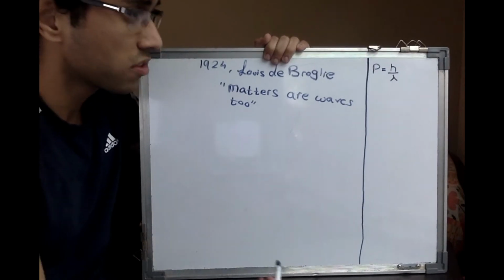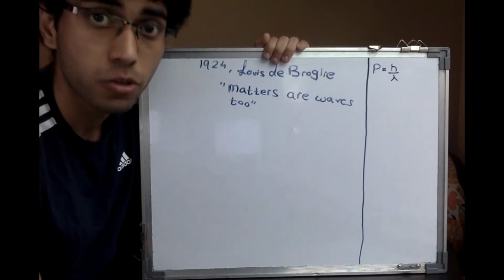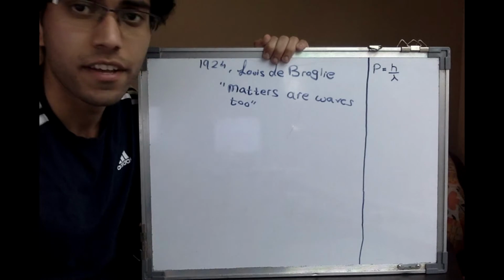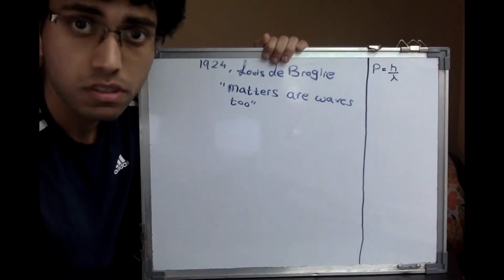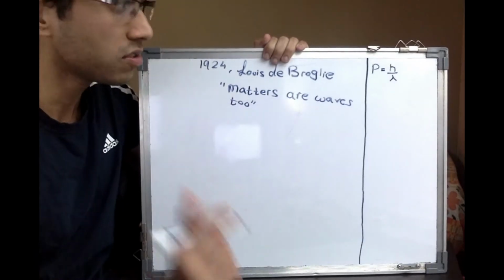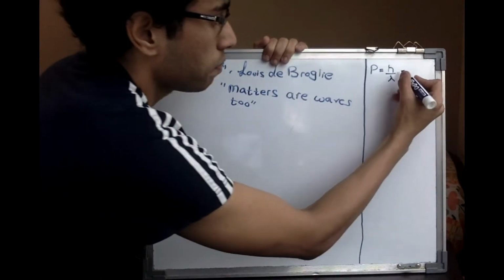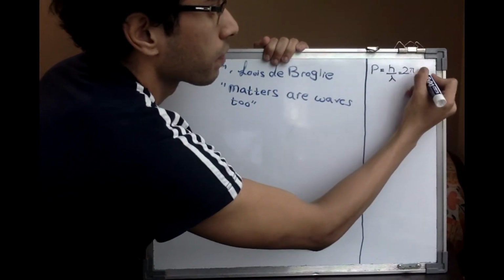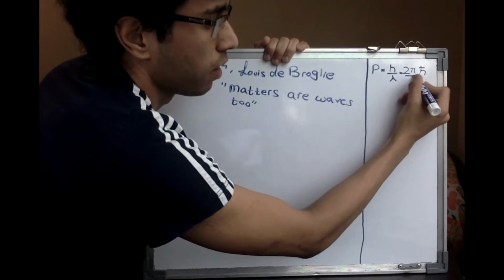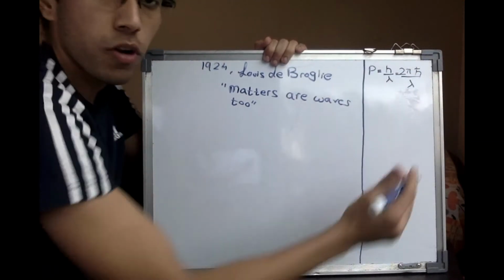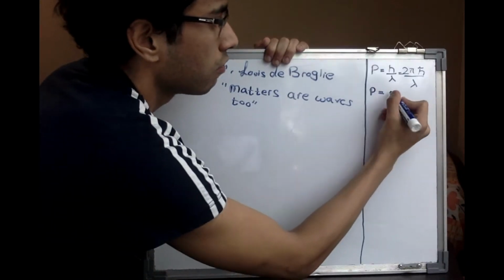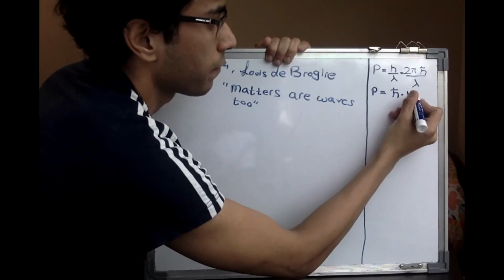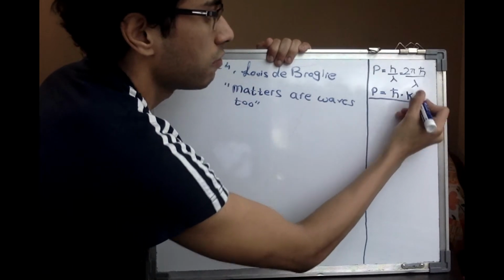Planck's constant is about 6.6 times 10 to the power negative 34, and h bar has the same order, but it's like 1 point some value times 10 to the power negative 34. That is not important at this point. But let's write 2 pi h bar over lambda. So 2 pi over lambda is the wave number k. So p will be h bar times k. We will be using this.